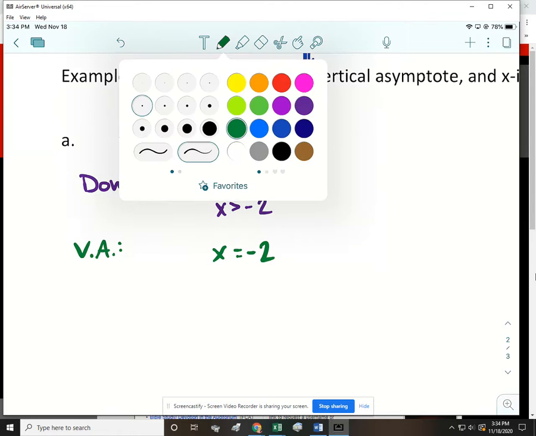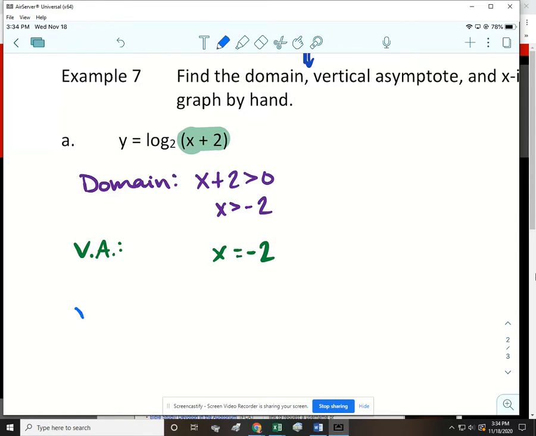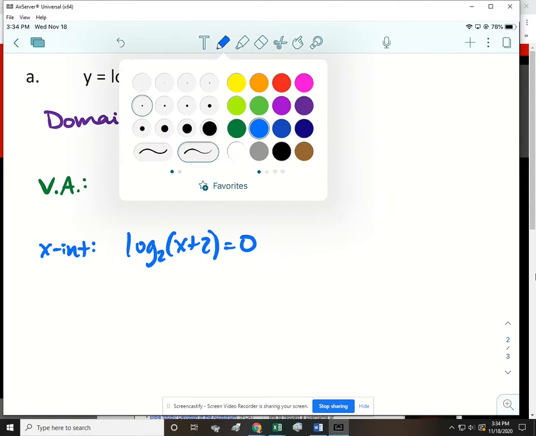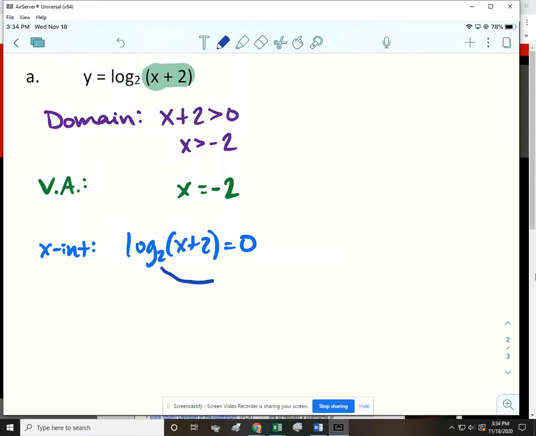All right, and then for our x-intercept, we go ahead and set it equal to 0 and make y 0. So log base 2 of x plus 2 equals 0. Right now, the only way we know how to work with these logarithms is to rewrite it in exponential form. So I'm going to loop around.